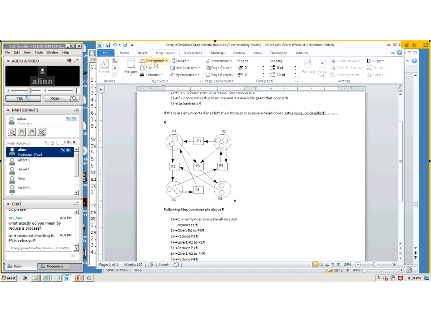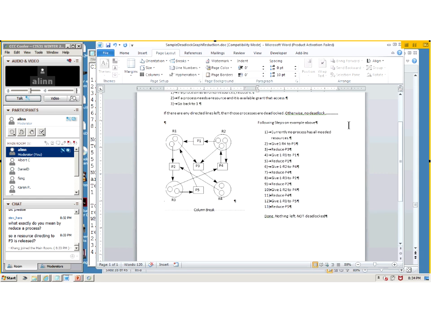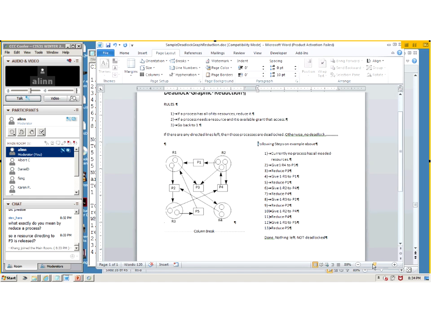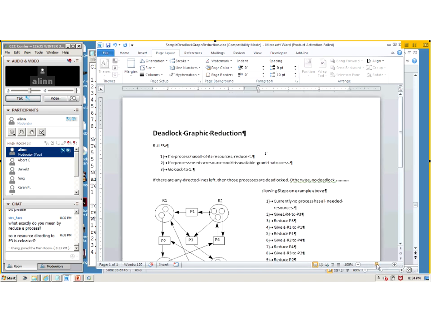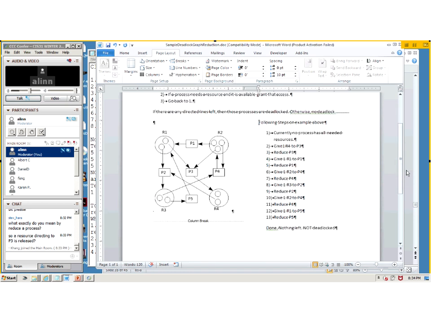This, I want a second. There. Now we can see it together. There, that better?